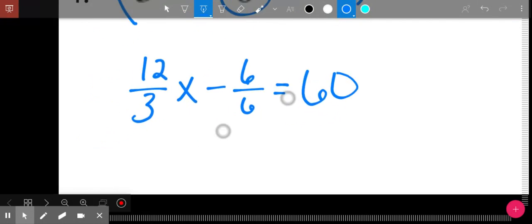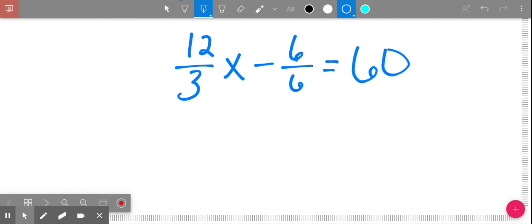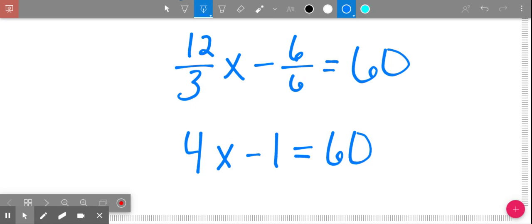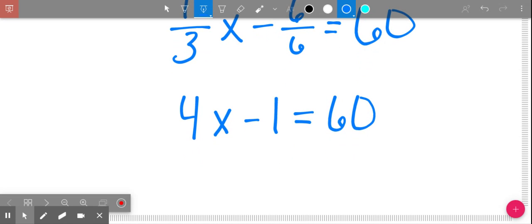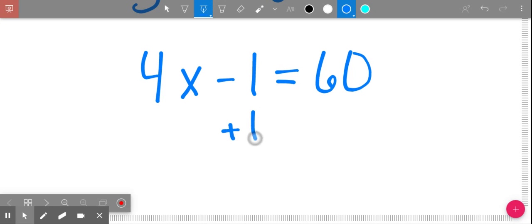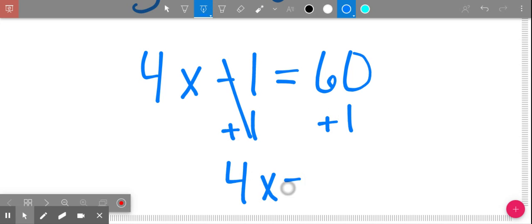So from here, I'm just going to reduce. 12 divided by 3 gives me 4x. 6 divided by 6 gives me minus 1 equals 60. Now, I don't have any more fractions. We are all done. We're good to go, so we can just solve like normal. So I'm going to add the 1 over. That'll cancel out, so we'll have 4x is equal to 60 plus 1 gives me 61.